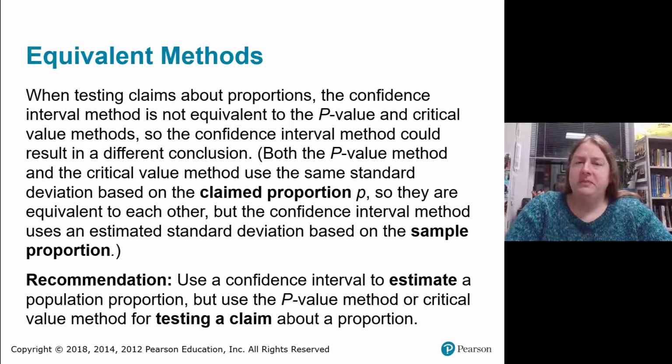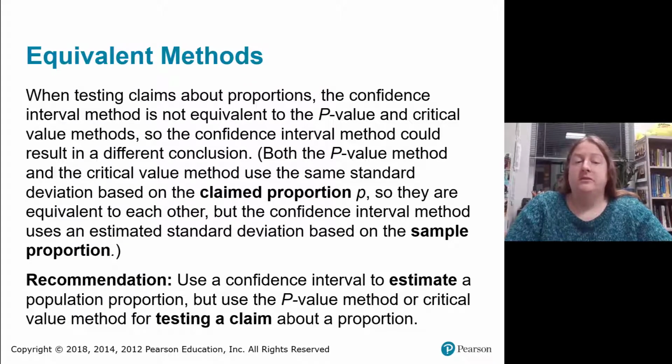We mentioned before, and we want to mention a little bit more in detail here, that our confidence interval method does not result in the same conclusion necessarily as our p-value method and critical value method. Both the p-value method and the critical value method use the same standard deviation based on the claimed proportion of the population proportion. So those two are equivalent and result in the same conclusion.